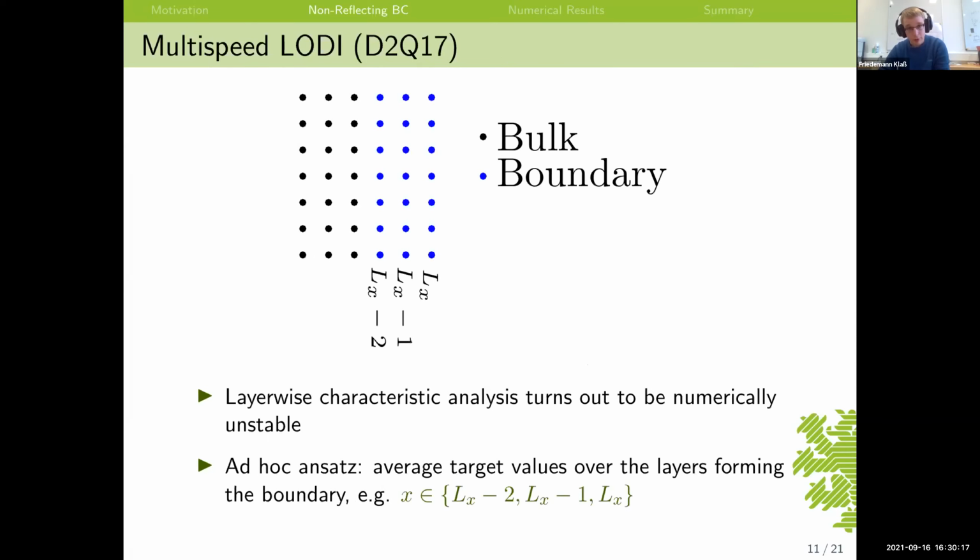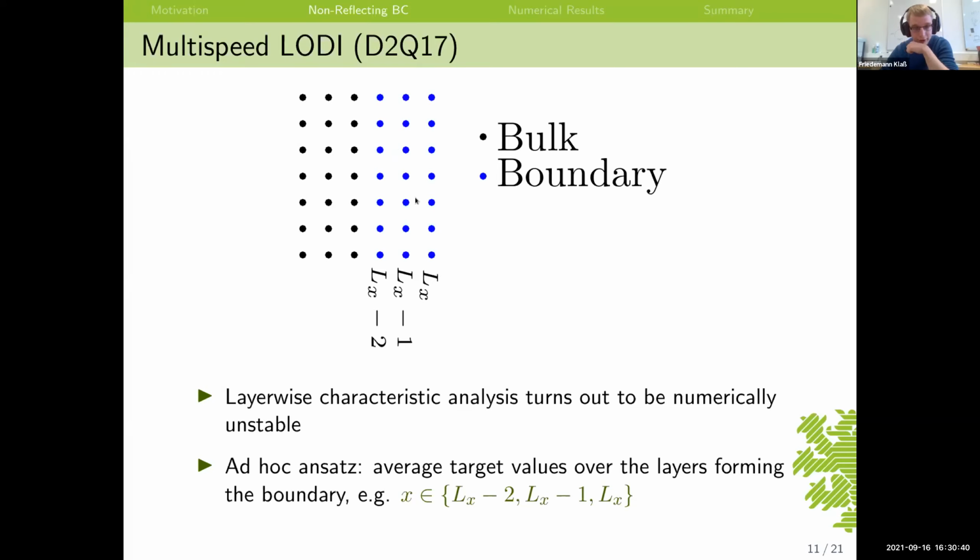And one problem immediately arises. So coming back to the D3Q17 stencil and still sticking with the right-hand side boundary, we have the following situation depicted here. We have some last bulk nodes, and then we have 3 layers of boundary nodes. So we need to do this characteristic analysis basically in 3 columns of the computational domain.